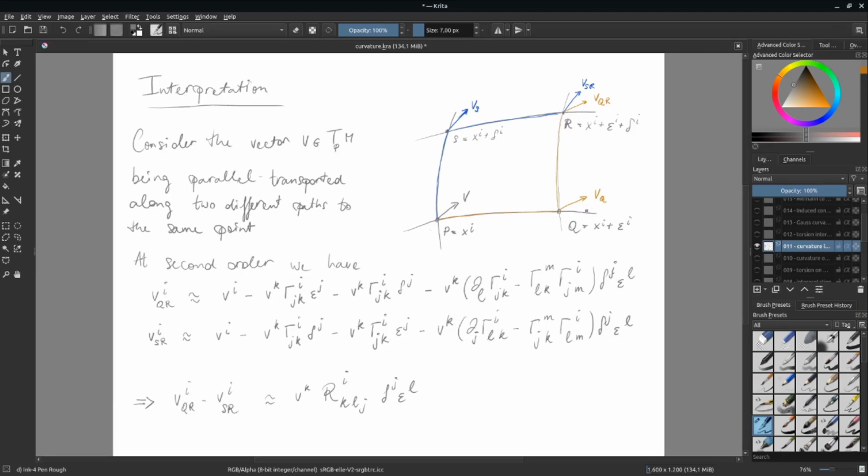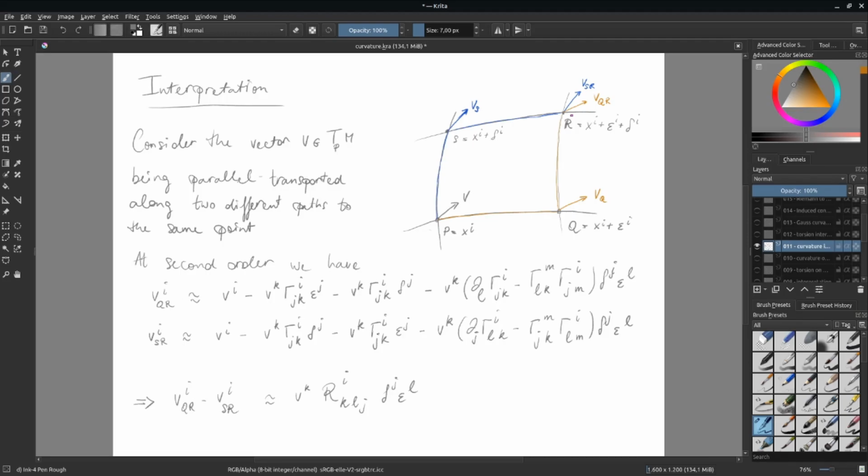Then I can move from Q to R by some displacement delta^i. Notice these displacements are in coordinates, so this would be a rectangle in coordinates. First I go epsilon^i to point Q, and then add delta^i to get to point R, and I get V_QR if I go that route.